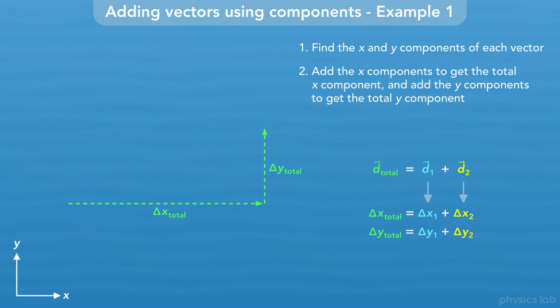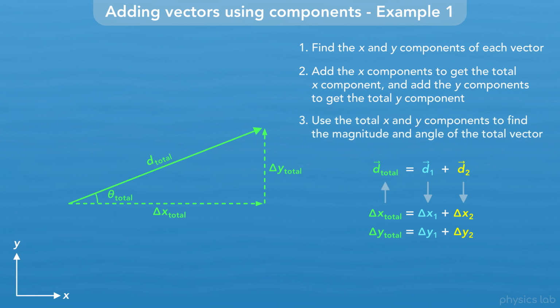Second, we add the x components to get the total x component, and we add the y components to get the total y component. Third, we use the total x and y components to find the magnitude and angle of the total displacement vector. Let's walk through each step.